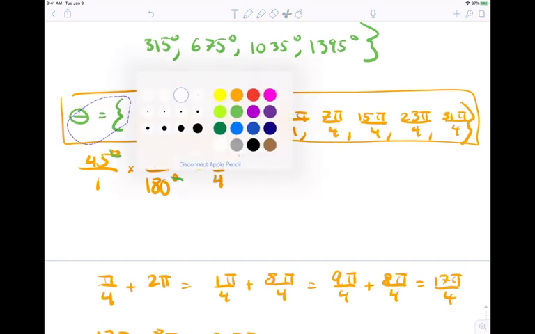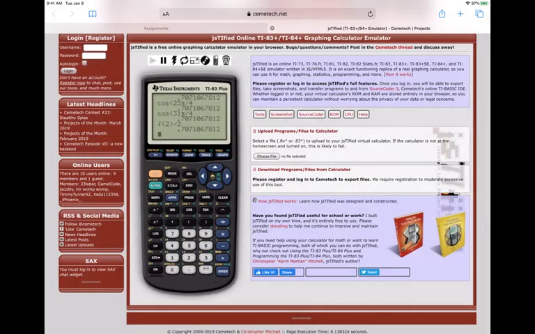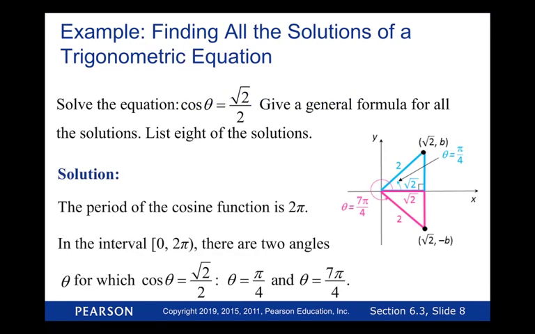Now let's see how the notes approach that question. Okay, so the exercise is solved. It says the period of the cosine function is 2 pi, so it repeats every 360 degrees. Notice they're saying there's a quadrant 1 solution, the reference angle, and there's also a quadrant 4, because on the unit circle, cosine is our x, and x is positive in quadrants 1 and 4.